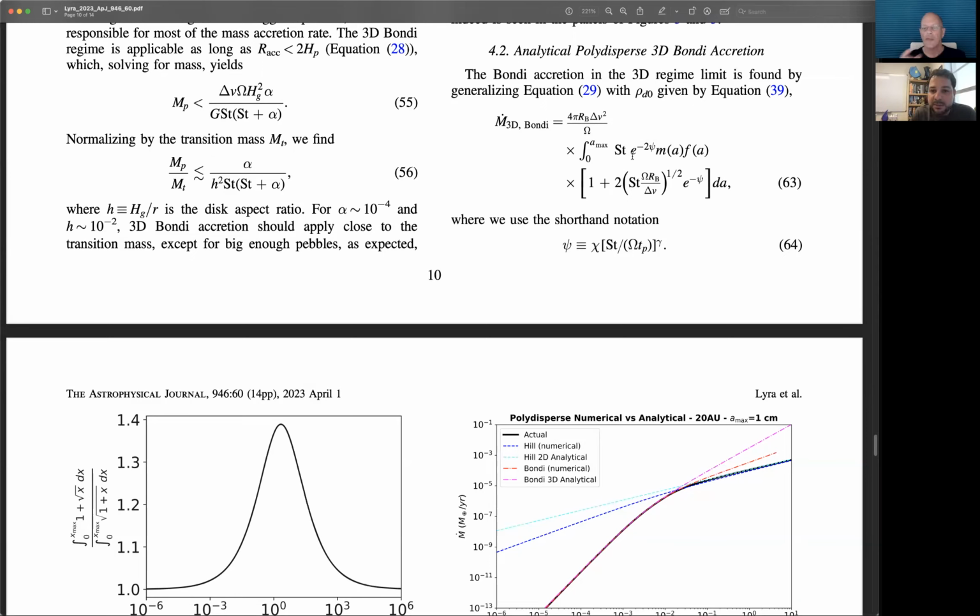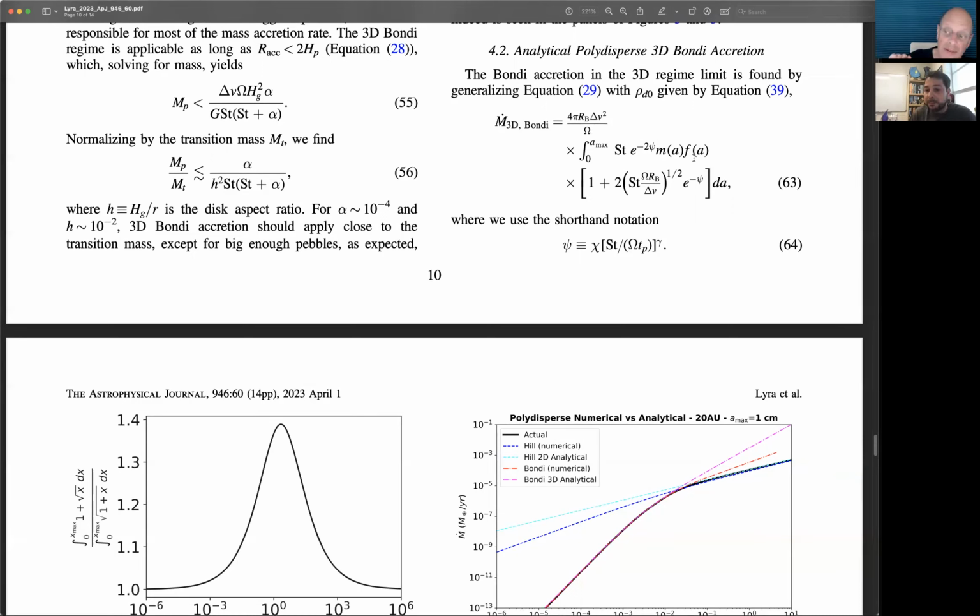Okay. That is the mass accretion rate for the 3D Bondi regime, right? The term that you see there on the first line is just constants. You have the Bondi radius, delta V, omega, that's the Keplerian flow. And then you have this integral here, right? And so in the 3D case, this F quantity here is just the 3D version of that W quantity.